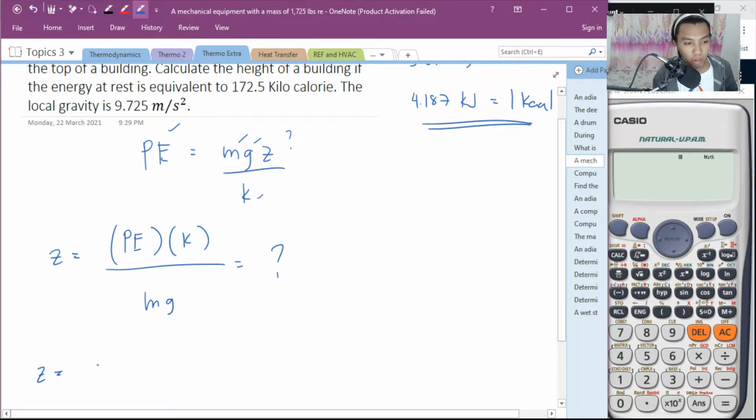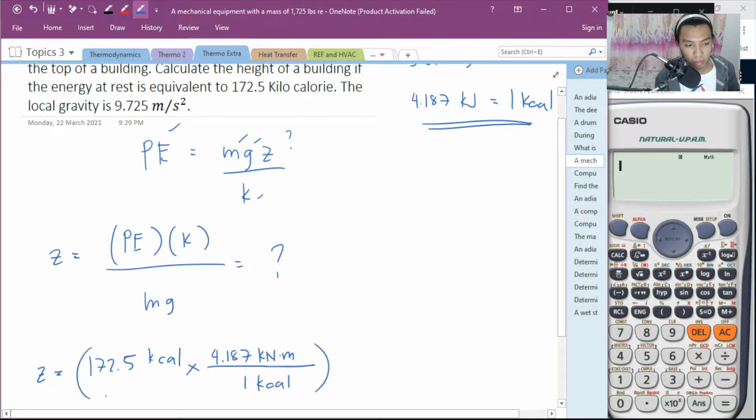Z will be equal to PE, 172.5 kcal. Okay, divide mo na agad yan. 4.187 kilonewton meter kasi 1 kilojoule is kilonewton meter, per 1 kcal, multiplied to K, proportionality constant, 1 kilogram meter per newton second squared.